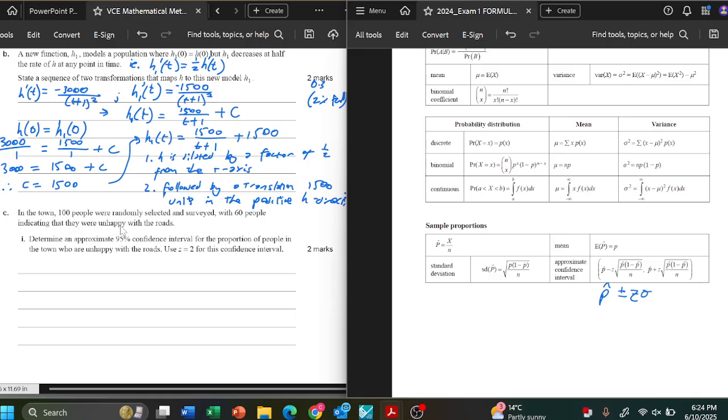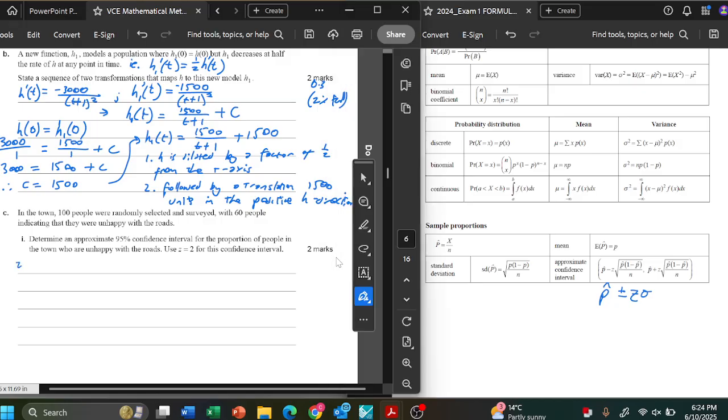First up, what are each of these things? We're told z is equal to 2 right off the bat. We know that in a town, 100 people are randomly selected, with 60 people indicating that they're unhappy with their roads. That's just the sample proportion, so p hat is equal to 60 out of 100.